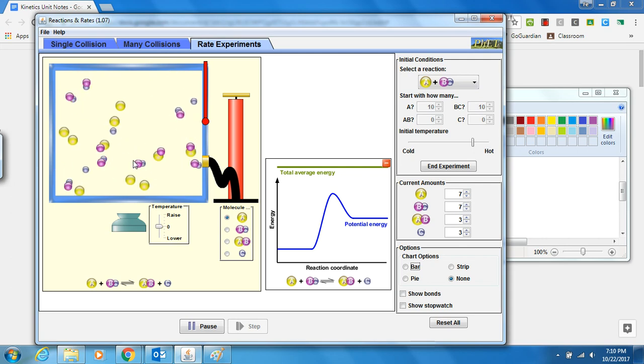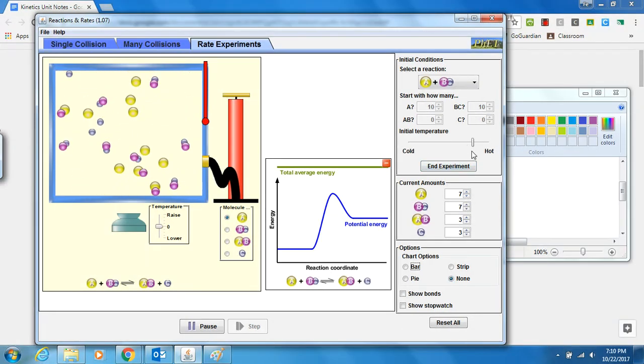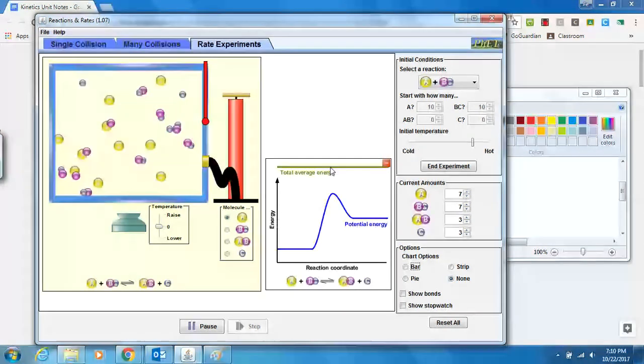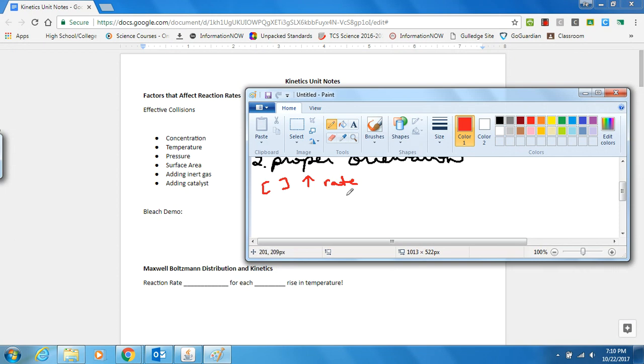So what does this tell us? Well, if we increase the temperature, then that also increases the rate. So I want to go back to my notes here. Increasing the concentration increased my rate. Well, increasing the temperature increases my rate as well. Now, how do we justify this on a free response?